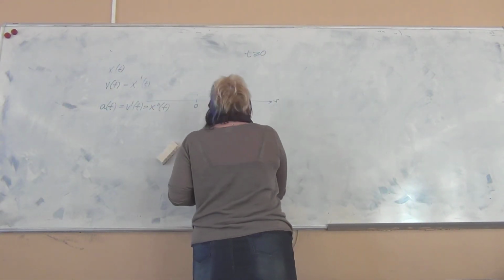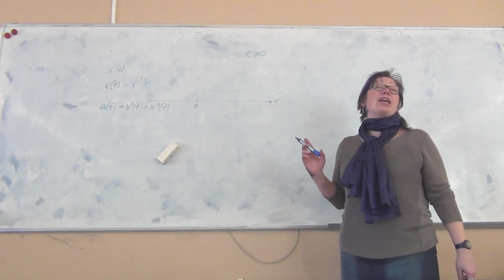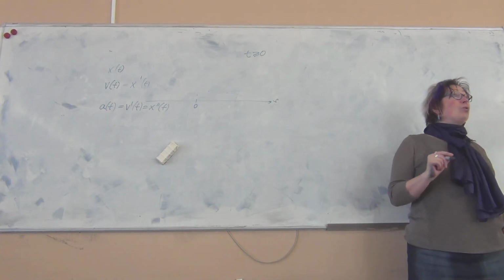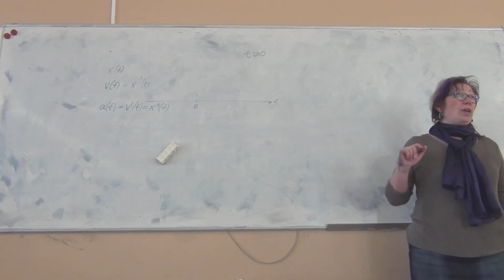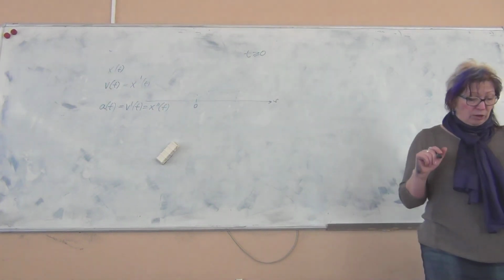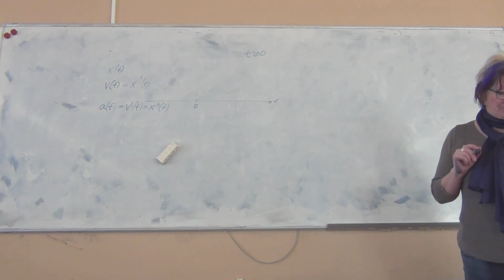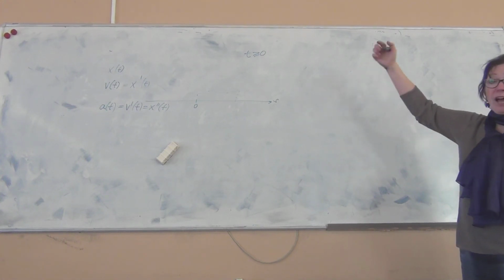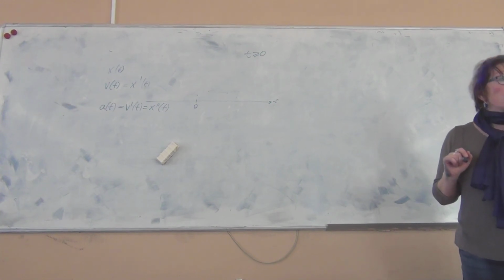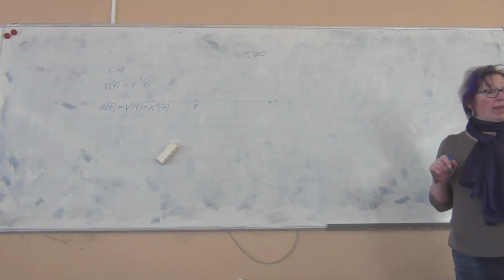Alright, so now if the velocity is the derivative of the displacement, how do we find the displacement if we have the velocity? Yes, how do we integrate it? Well, obviously, if we have a formula, then of course we find the integral, the primitive function of that.